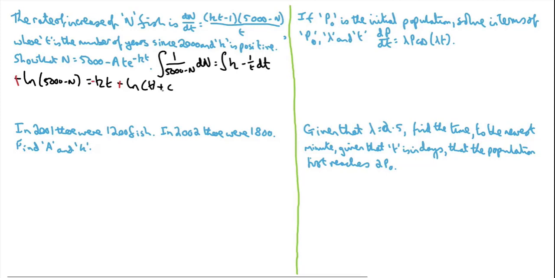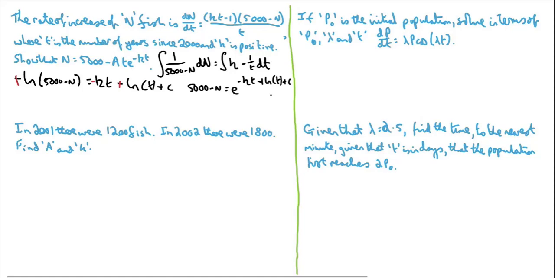It's kind of nebulous. You can make it a minus if you want, but it doesn't make a difference to the overall working. Now, we can do that and say that this would still be 5,000 minus n on the left, but now it's all e to the minus kt plus lnt plus c on the right-hand side.